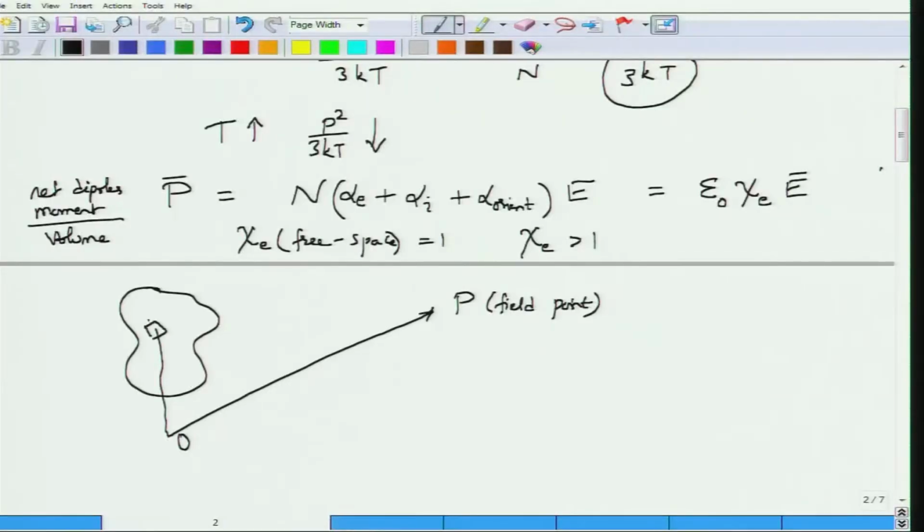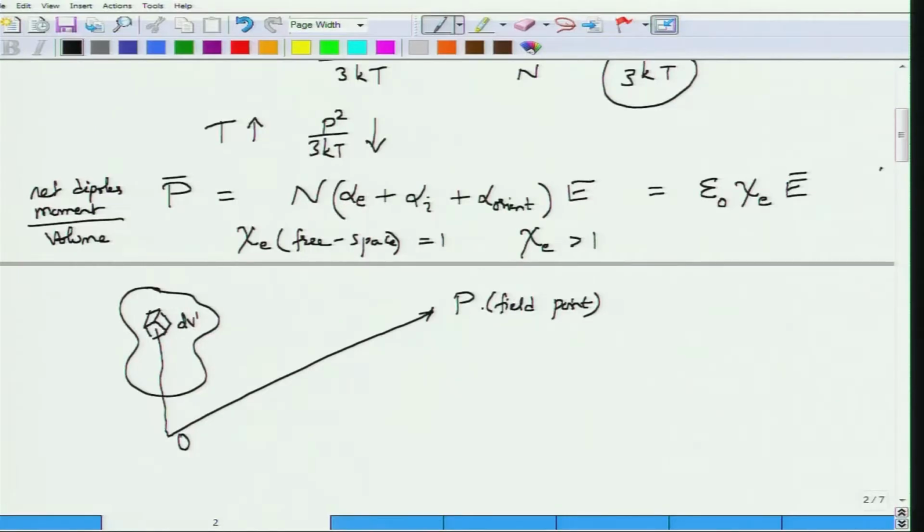So let us assume that we have a small volume inside the dielectric that we are looking at, with a differential volume of dV prime, at a certain position inside the dielectric material. Actually, we are not putting any volume there, we are just carving out a small volume for our consideration of finding the electric field.